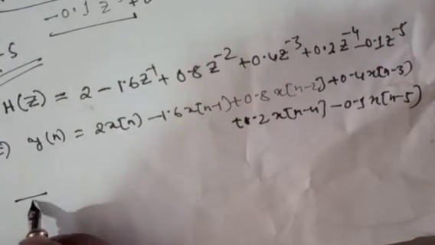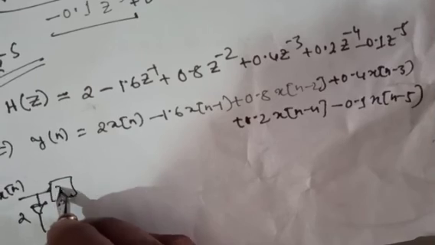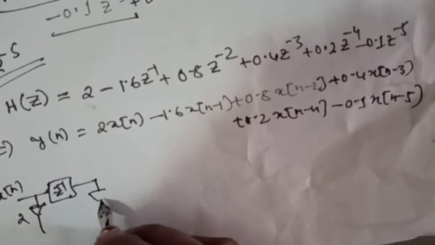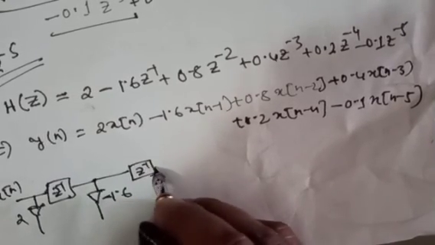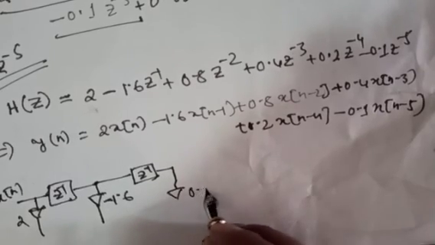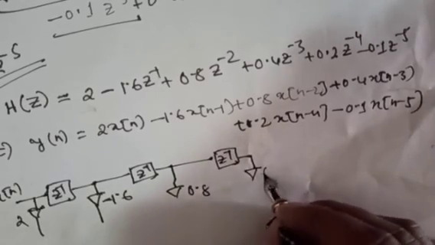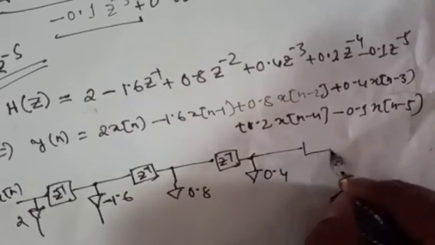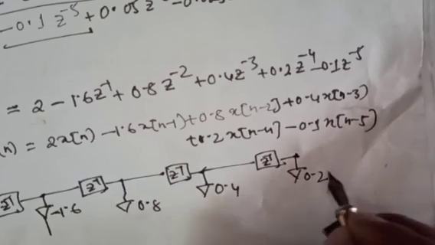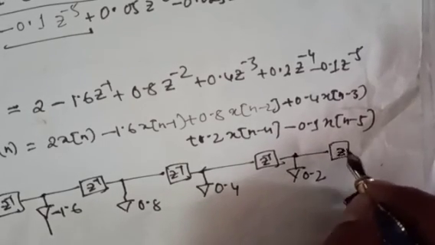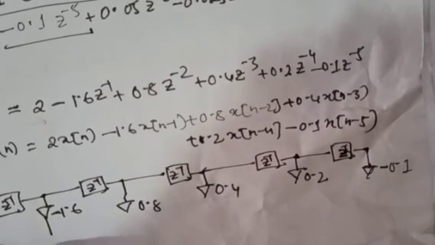So it is x(n) multiplied by 2, then x(n − 1) is multiplied by −1.6, and then x(n − 2) is multiplied by 0.8, and then z⁻¹ will produce x(n − 3), which is multiplied by 0.4, then z⁻¹ gives x(n − 4), multiplied by 0.2, then z⁻¹ produces x(n − 5), multiplied by −0.1, and then add it all up.